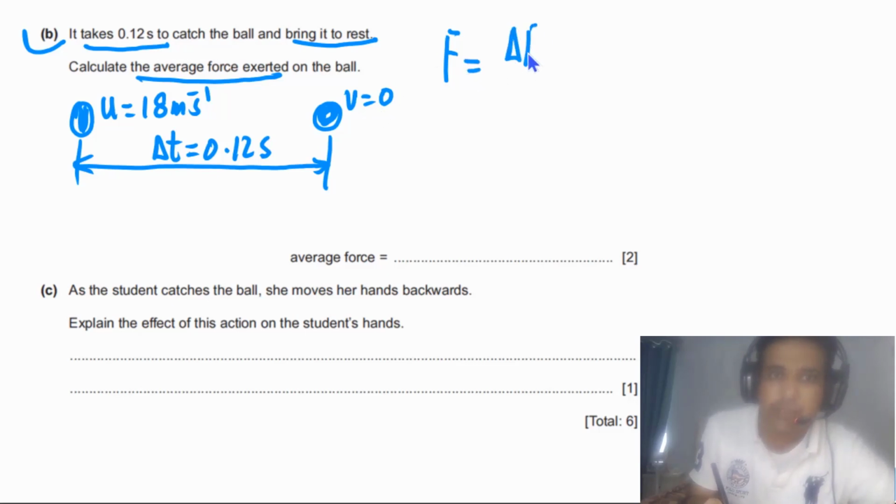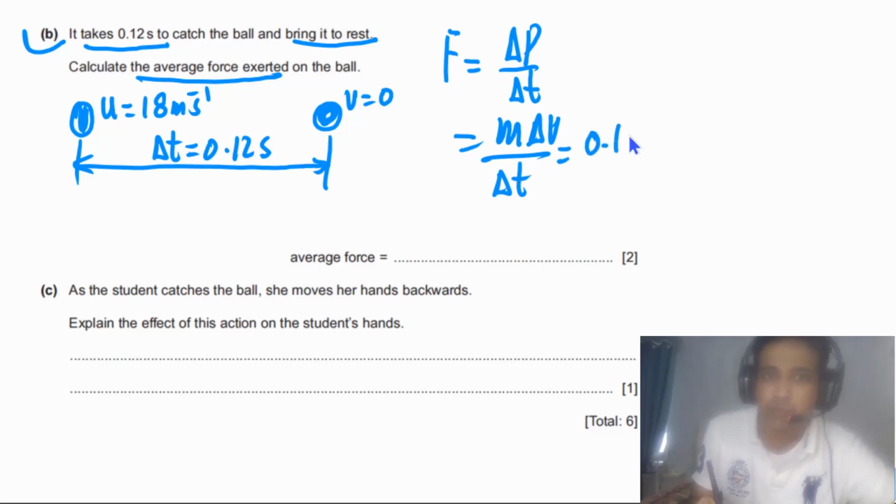We need to calculate the average force exerted on this ball. F is equal to delta P over delta t, meaning the net average force. So F is equal to m times delta v divided by delta t. Mass is given to us, that is equal to 0.160, and the change in velocity we have, so we can write down 0 minus 18 divided by delta t, that is 0.12.